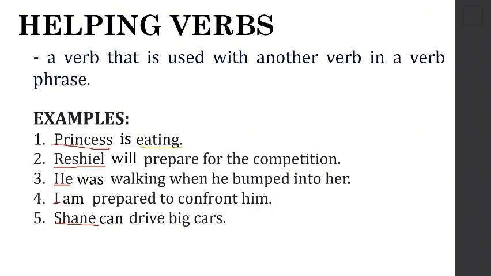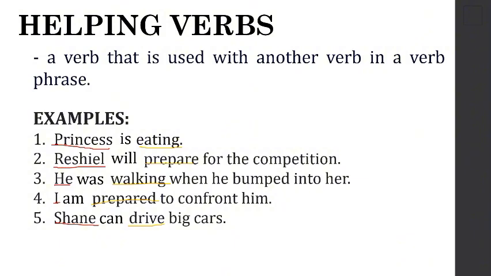And Rachel is doing what, or is in what state? Prepared. He is what? Walking. I am what? Prepared. And she can what? Drive. So here are the main verbs of the sentences, which are often action verbs that can be performed physically.